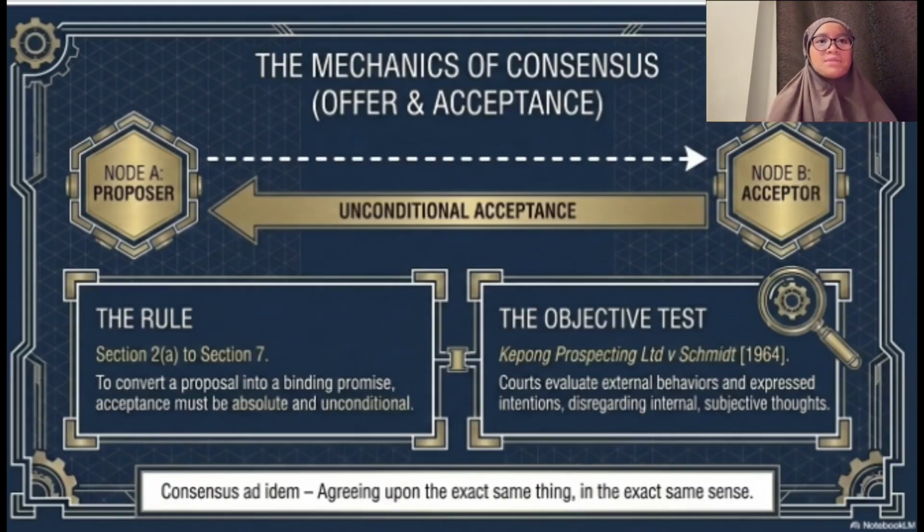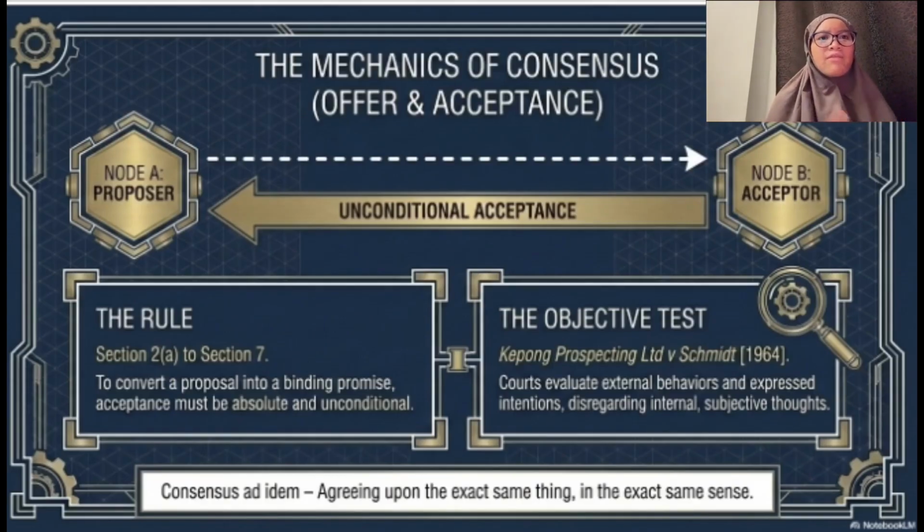Another important concept shown here is the objective test, established in the case of Keppel Prospecting Ltd v. Smith in 1964. The court stated that contracts are judged based on external behavior and expressed intentions, not hidden personal thoughts. This means the court will look at what the parties said and did outwardly rather than what they secretly intended in their minds.